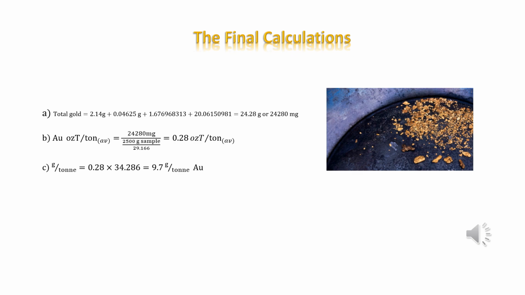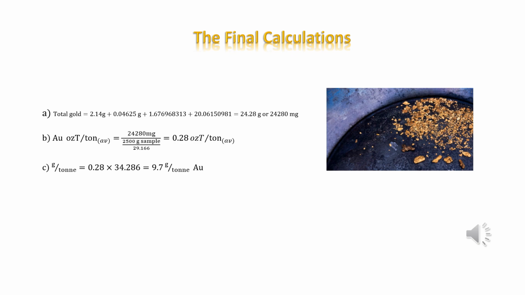Okay, now that you're down to your final calculations, we're going to go back and use that assay ton system. We know what our total gold is now. We got the 2.14 grams off the very first screen.